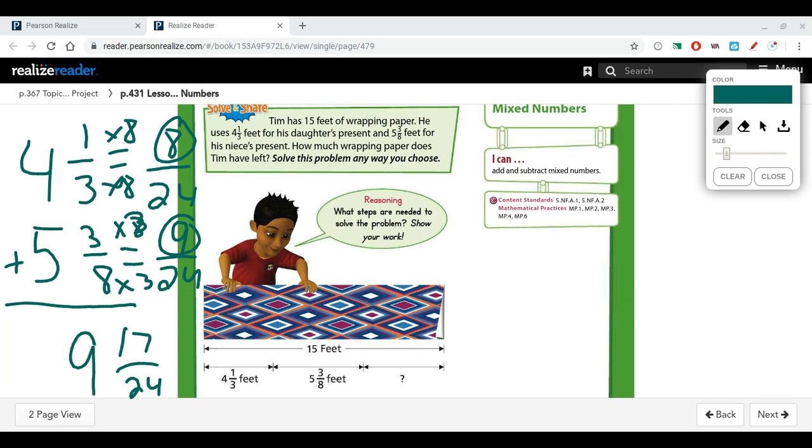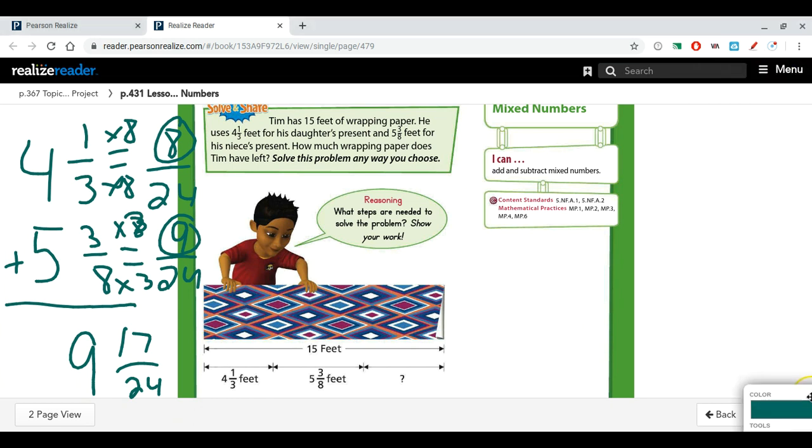So now I'm subtracting 9 and 17 24ths from 15. We talked about yesterday when we did this lesson that when you have a whole value, you're going to regroup it. So I'm going to rewrite 15 as 14 and 24 24ths, using the 24ths as the denominator.